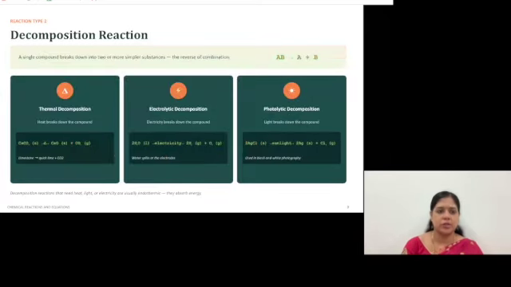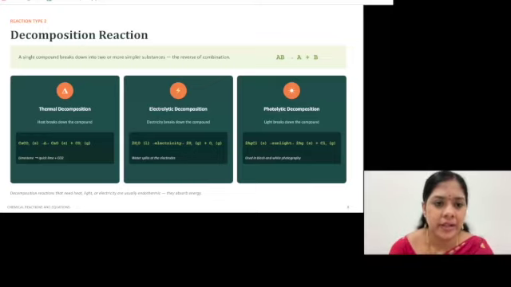What is a decomposition reaction? So I told you already, when one compound breaks into two or more simpler substances, then it is called as a decomposition reaction. So here there are three types of decomposition reactions.